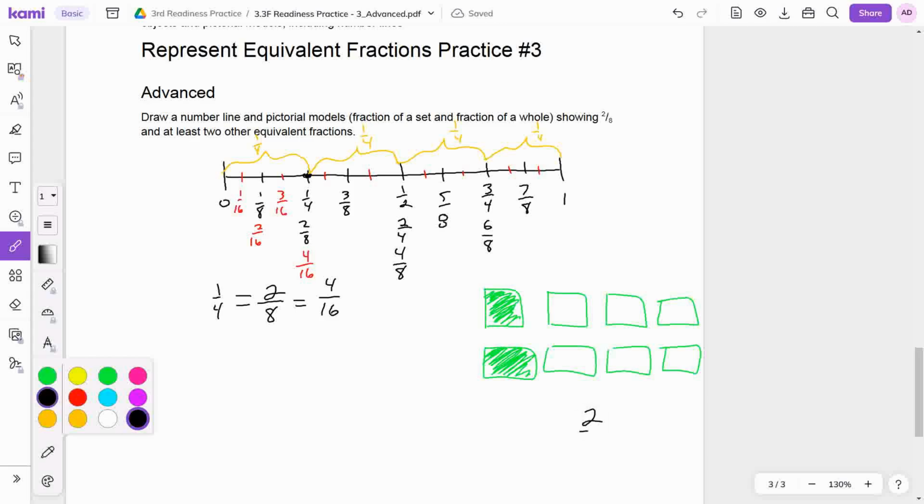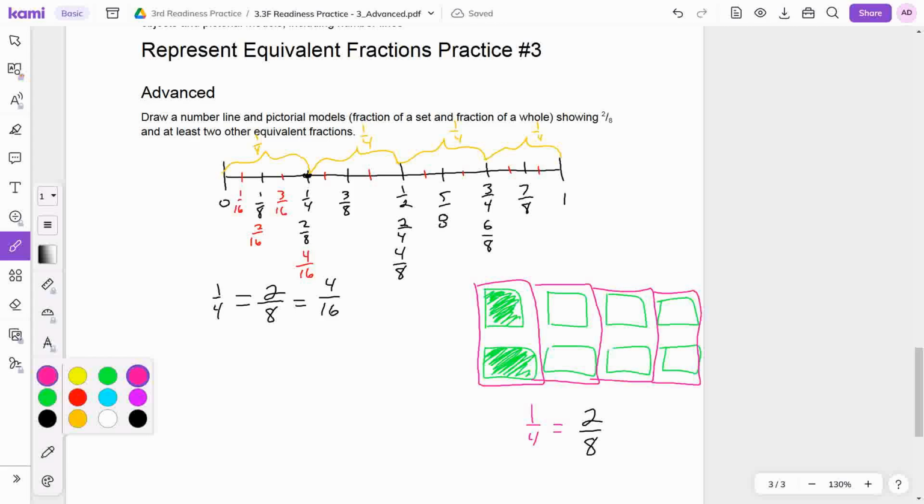Now, what I want you to see here is you can also see 1/4 if you look vertically. So look right here. You see how I've got 4 sets. I grouped 2 of them together to make a set. So now I've also got 1/4 is equal to 2/8 because one column out of 4 columns is shaded in completely.